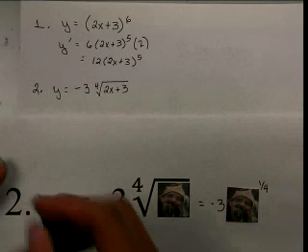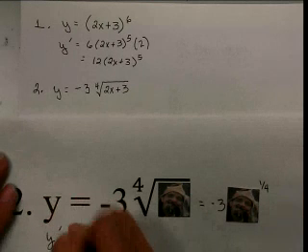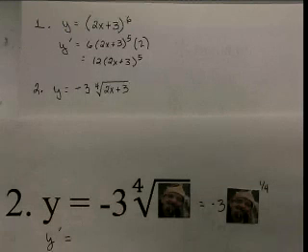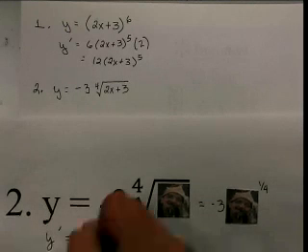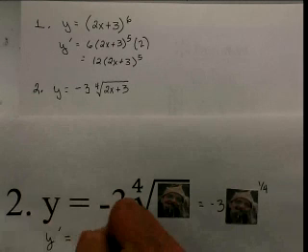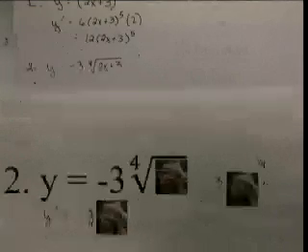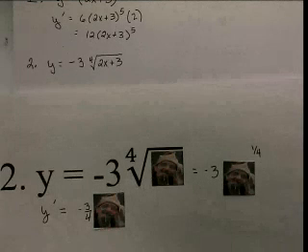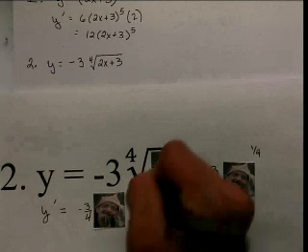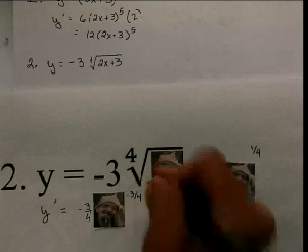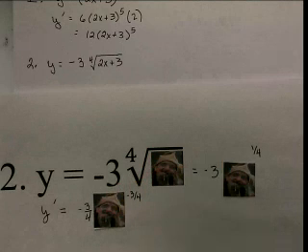And then what would the derivative be? Negative 3/4, same old ugly. Do the what? Negative 3/4. You're subtracting 1 from the exponent times the derivative of the ugly.